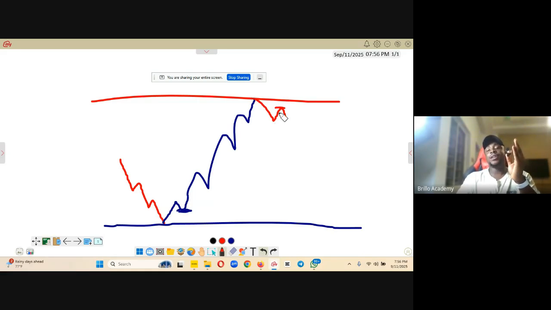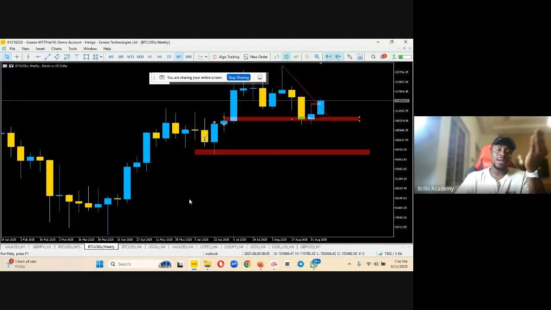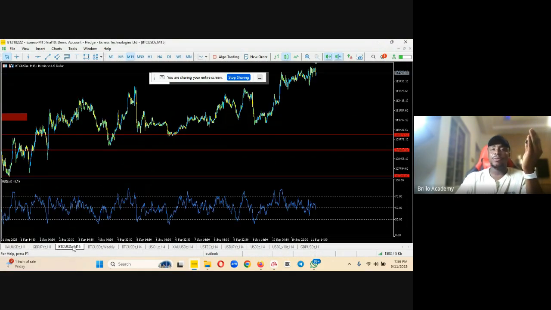So this is actually a failure swing, because basically once you have this movement, the next movement has to break this high to form another high, but it failed to break this high and we had a failure swing. So this is a failure swing and this is a failure swing. So if you can spot this on key level, trust me, it has a higher win rate. Now let me check for it on a real-time chart.